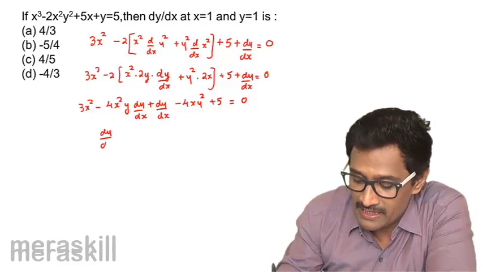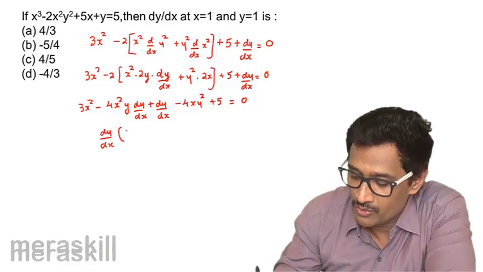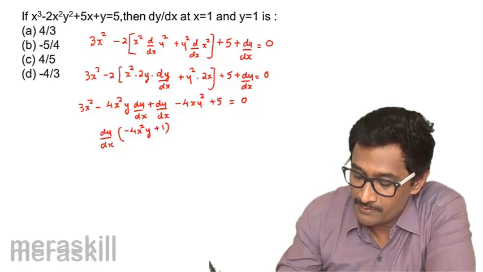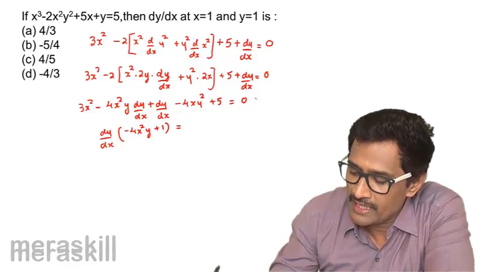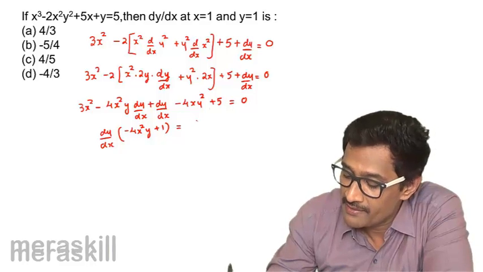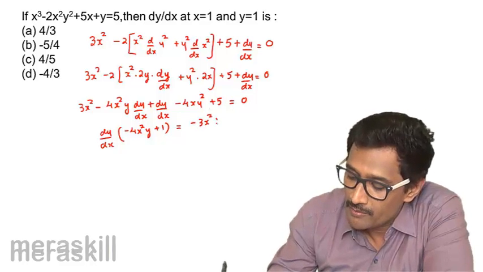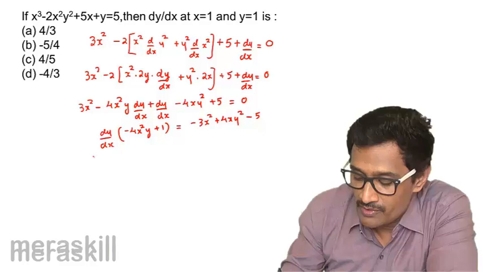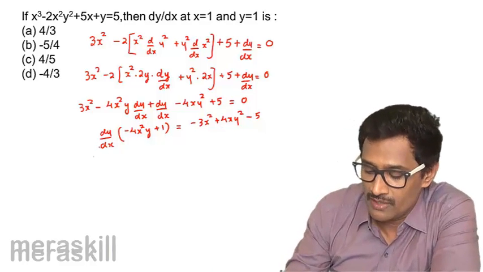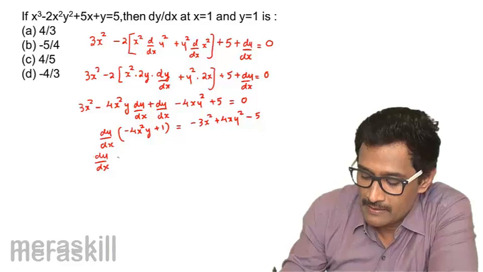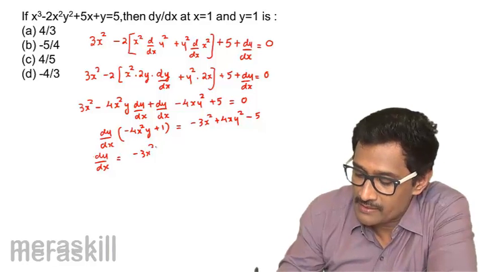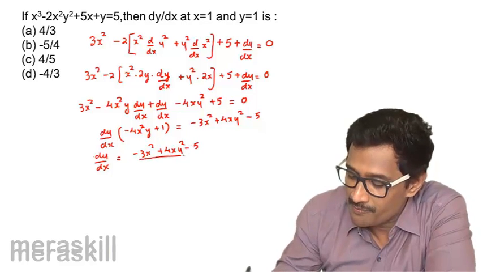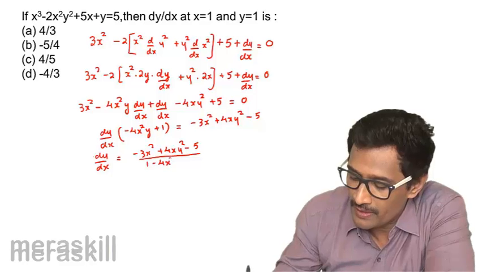So we write dy by dx together and you get minus 4x squared y plus 1, is equal to, taking all the other terms to the other side, minus 3x squared plus 4xy squared minus 5. So dy by dx is equal to minus 3x squared plus 4xy squared minus 5 upon 1 minus 4x squared y.